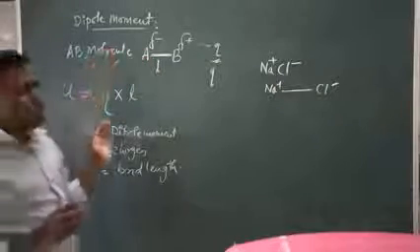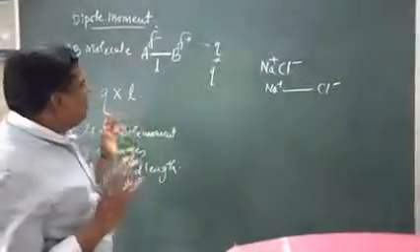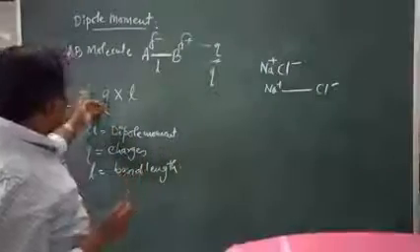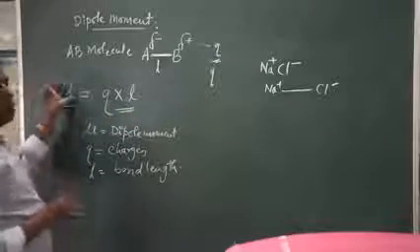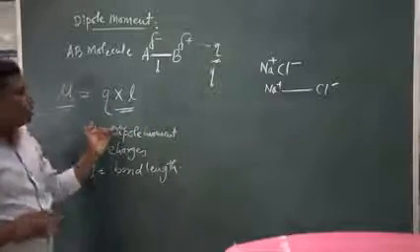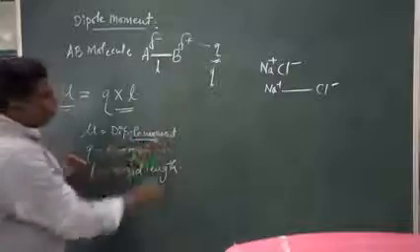Q into L is the product, which is called mu, and this mu is the dipole moment value.